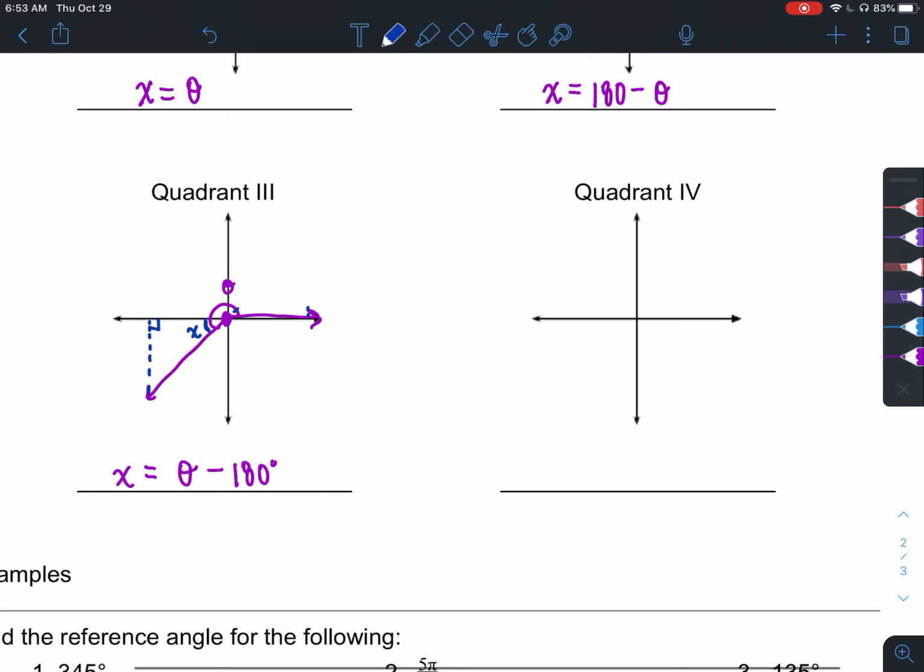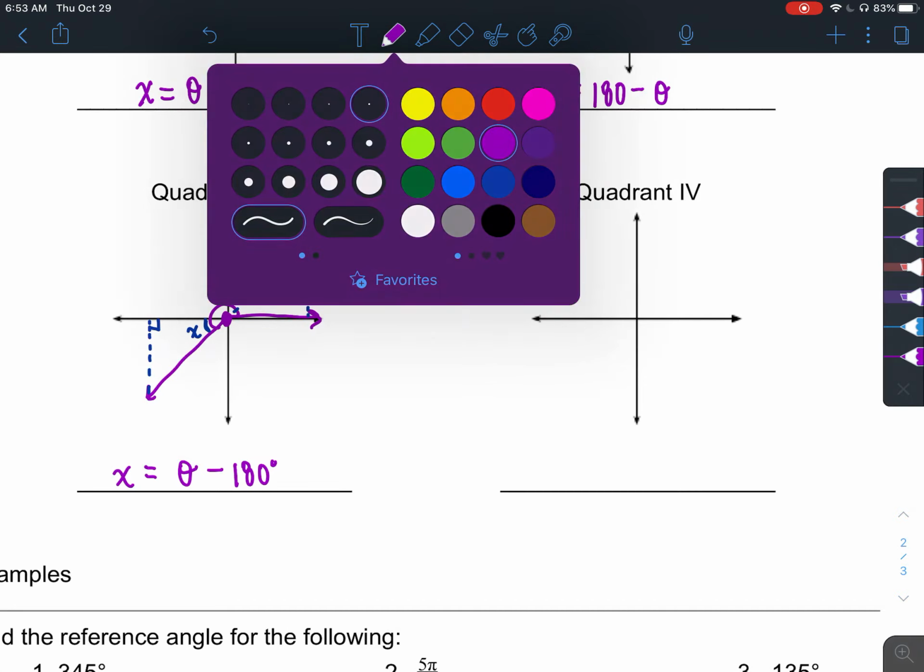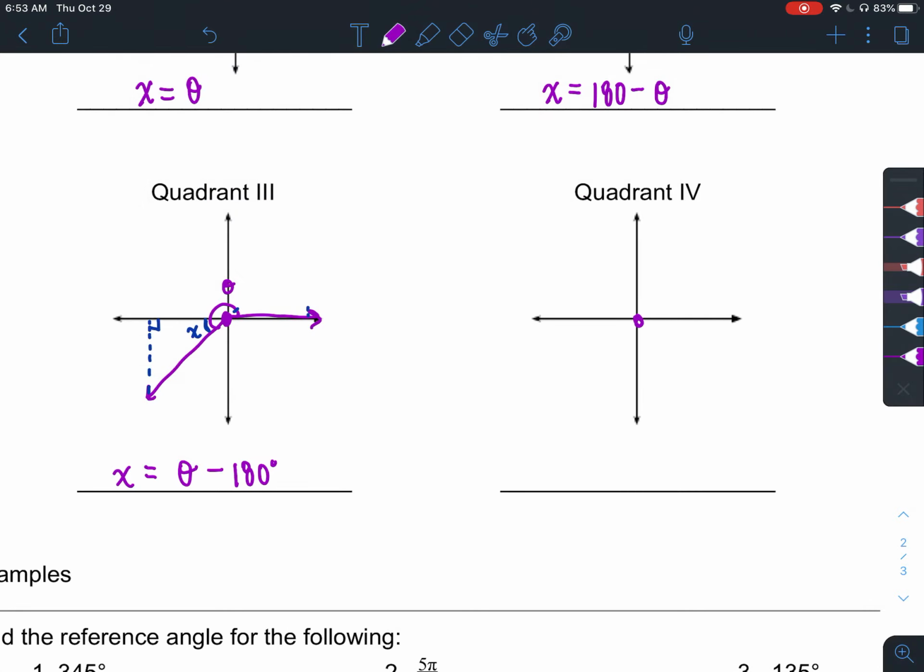Then finally in quadrant 4, this goes all the way around, and our reference angle is this angle right here, gets reflected over into here.